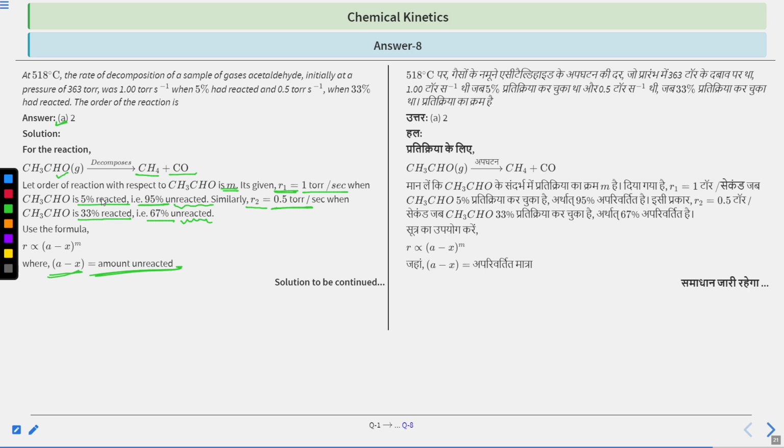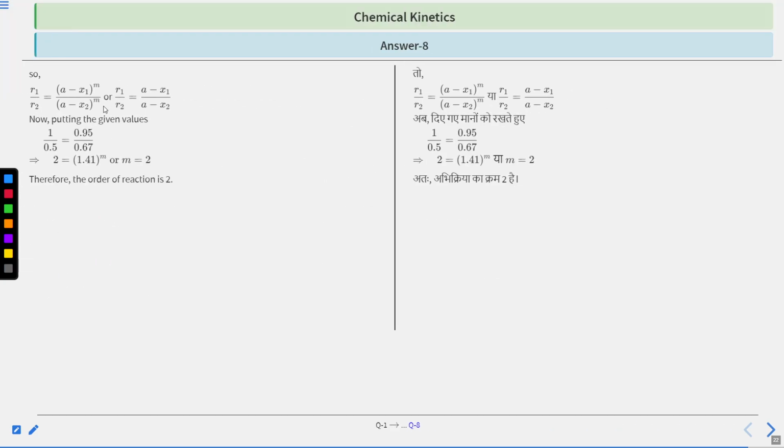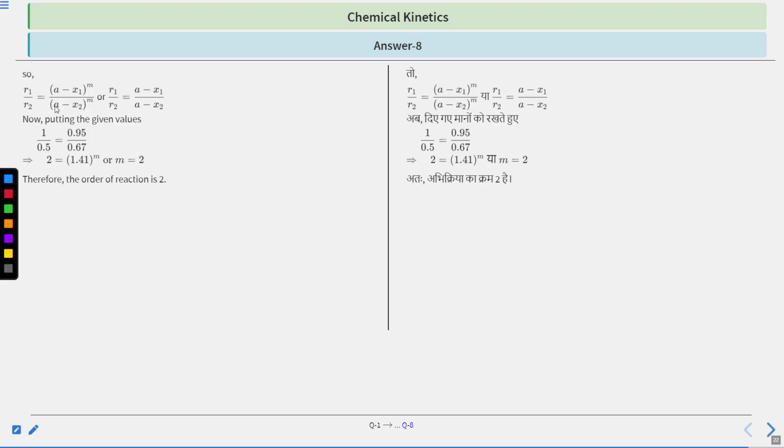When 5% is reacted, 95% unreacted, and when 33% reacted, 67% unreacted. So we can write R1 by R2 equals (A minus X1) whole power m upon (A minus X2) whole power m. Or simply, R1 by R2 equals (A minus X1 upon A minus X2) whole power m. Now let's put in the values.